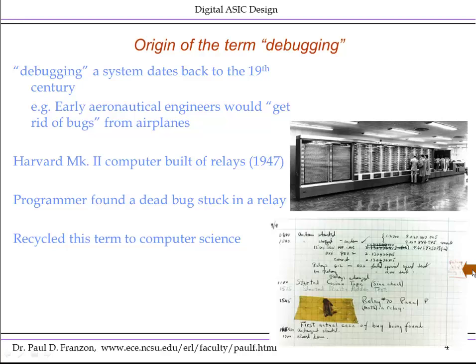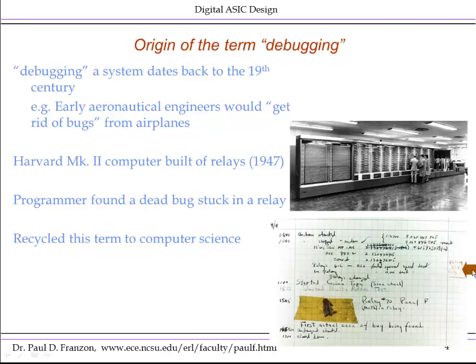But nonetheless, one of the early computers, the Harvard Mark II computer, was built out of relays. And one particular programmer found a dead bug stuck in a relay and used this to recycle the term to computer science. So debugging code of any form has become a widely used term.